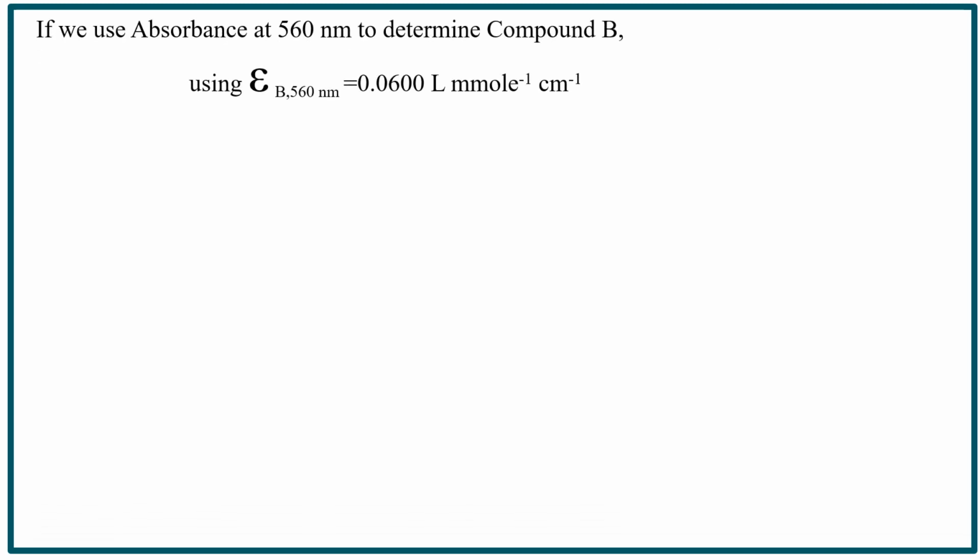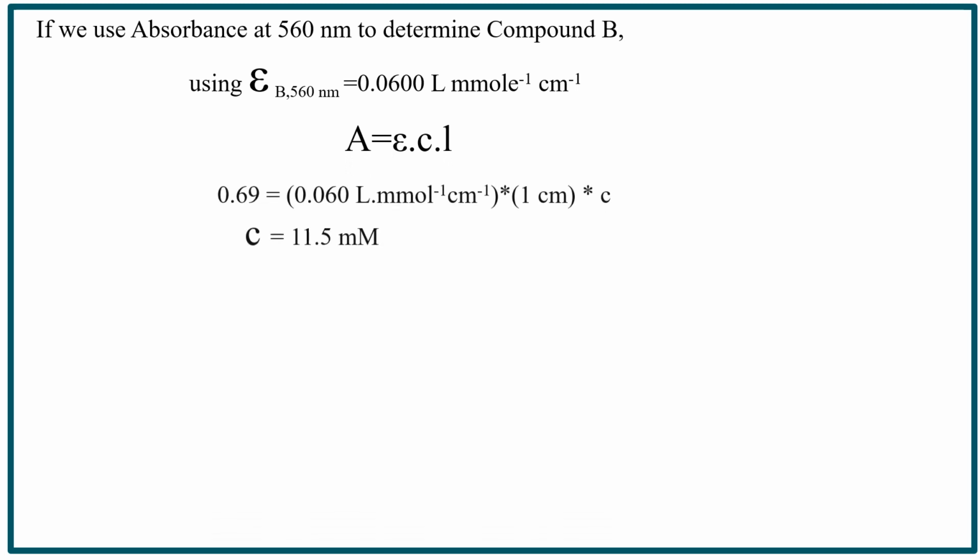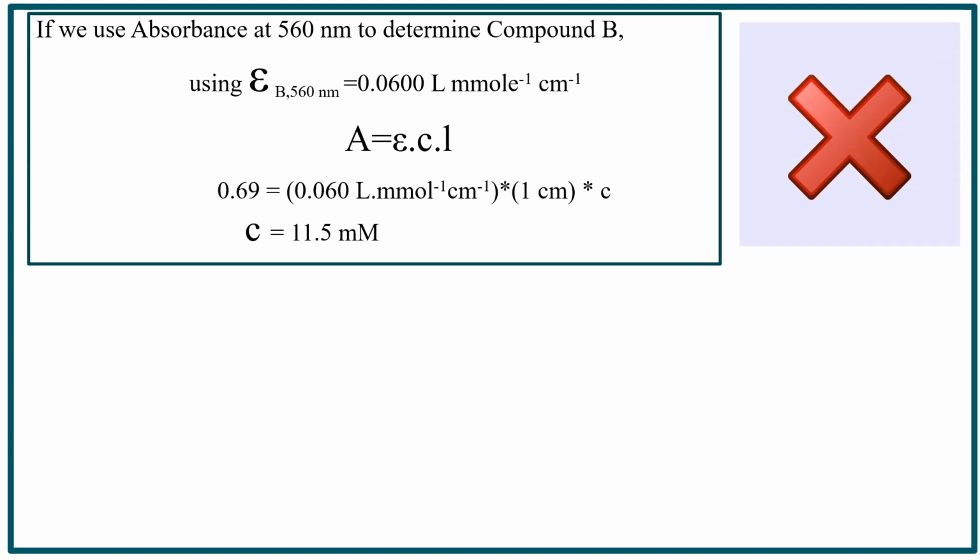Then at 560 nanometer, to determine compound B using epsilon B at 560 nanometer equal to 0.06 liter millimole raised to minus 1 centimeter raised to minus 1, using Beer-Lambert's law we will get the concentration of B as 11.5 millimolar, which is wrong.